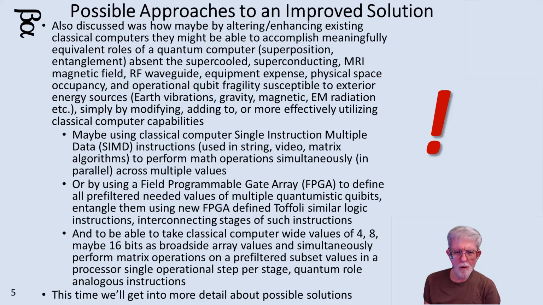So I was looking at how the current capabilities of classical computers could be put to use to implement the functioning of quantum computers. For those that are not aware of it, there are instructions on AMD and Intel and even ARM processors these days called single instruction multiple data. That's where the software says, hey, computer, execute this instruction for me, and here's an entire bank of data values, or here's a matrix, and I want you to do a dot product on this n by m matrix.